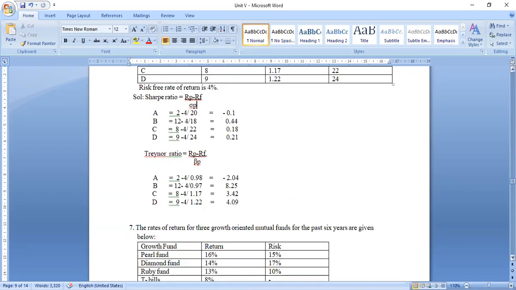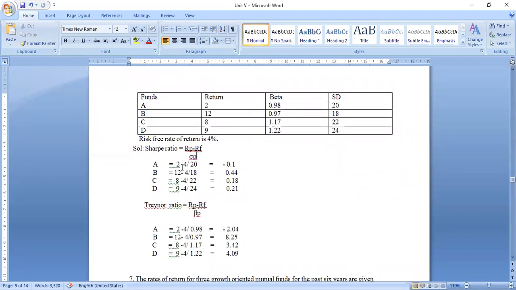I hope students are now familiar with the formulas of Sharpe, Treynor, and Jensen. Okay. Now in case of Sharpe, we are using standard deviation: (RP minus RF) divided by the standard deviation of the portfolio. So (2 minus 4) divided by 20.